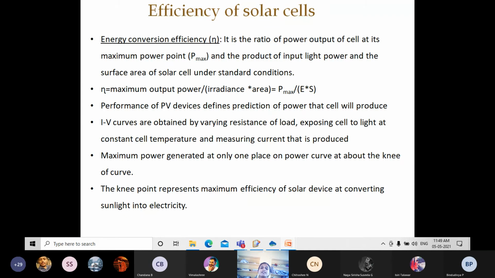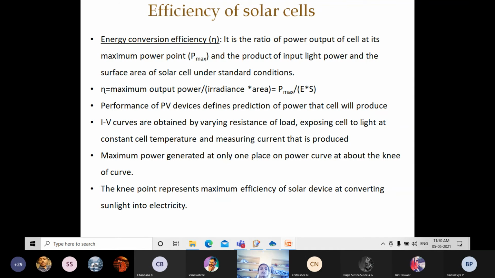Maximum power is generated at only one place on the power curve, about the knee of the curve. The knee point represents the maximum efficiency of a solar device at converting sunlight into electricity.